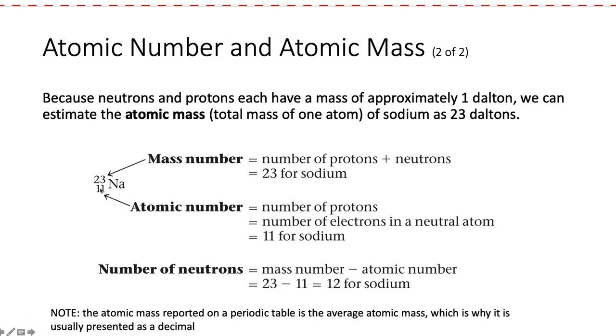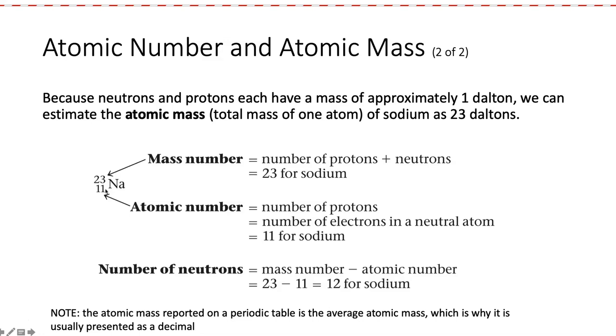The mass number is always equal to or greater than the atomic number. So whatever the bigger number is, that's the mass number, and the smaller number is the atomic number. They can flip-flop positions depending on what periodic table you're looking at. The atomic number is the number of protons, and if your atom is neutral, it's also equal to the number of electrons.